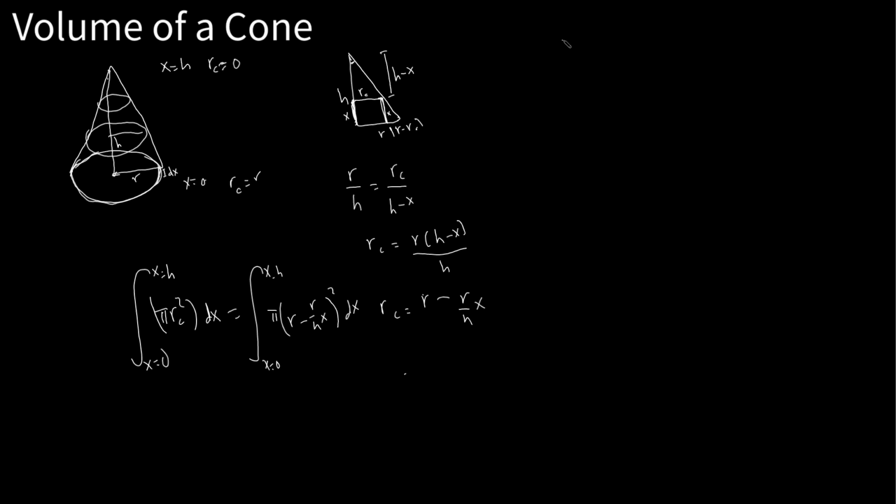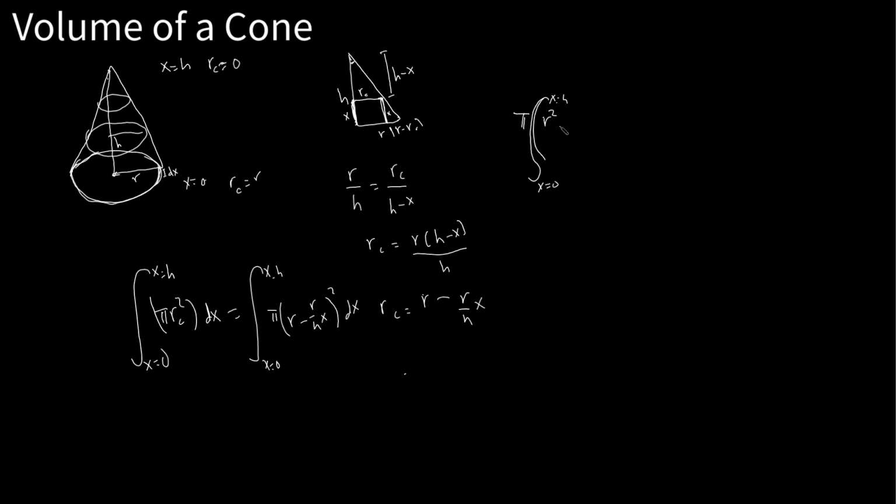And so now let's evaluate this integral. Evaluating the integral is going to be pi, which is the constant, times the binomial here, which is basically r squared, this is still an integral from x equals 0 to x equals h.